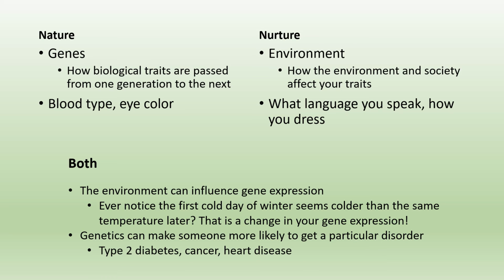If you can't get outside for half the year because you live in New England and can't stand the cold, that's going to have an impact on your weight. Your height is also influenced by both your genes and the environment. Specifically, how much nutrition you got as a kid.